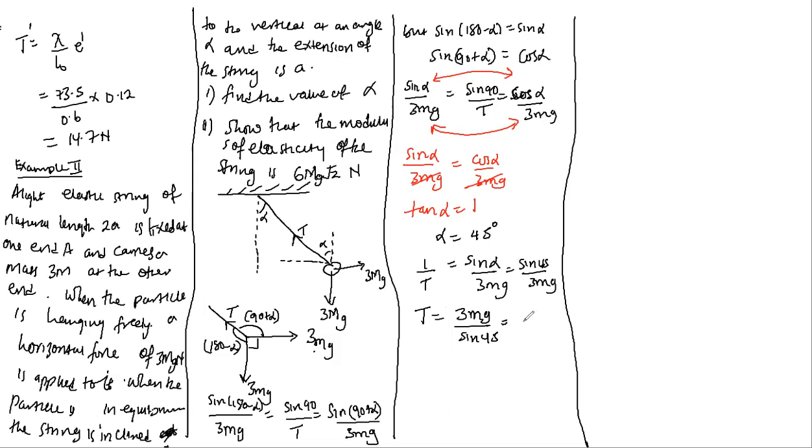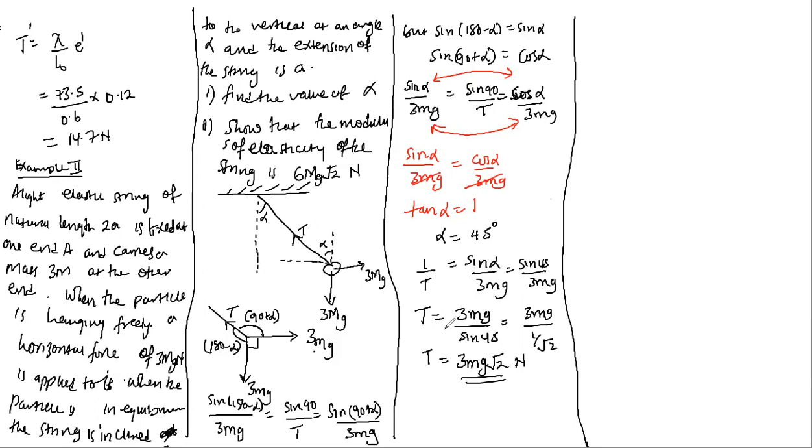But sine 45 is 1 over root 2. So finally, tension will give me 3 mg root 2 newtons. So find the value of alpha, we have found it.